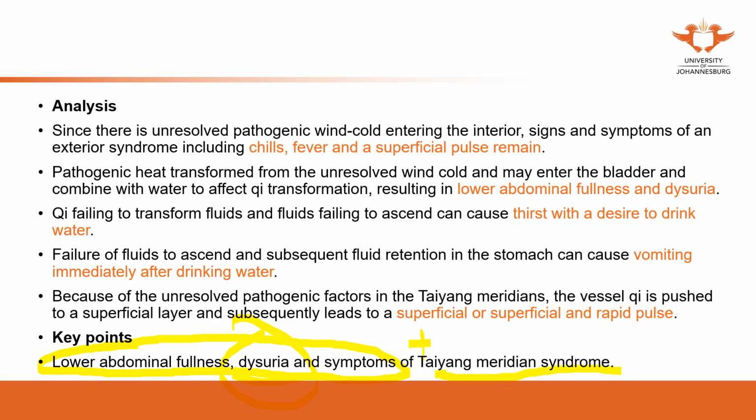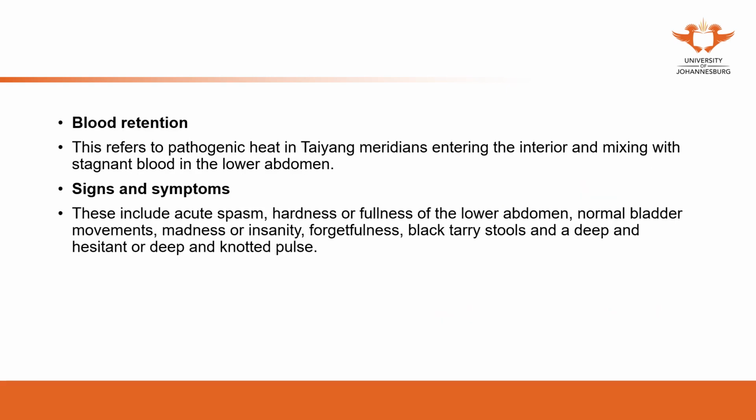What's the Taiyang meridian syndrome? Headache, body ache, fever or not, superficial pulse, or floating pulse. So these are the manifestations of Taiyang syndrome. That is Taiyang Fu water retention syndrome.